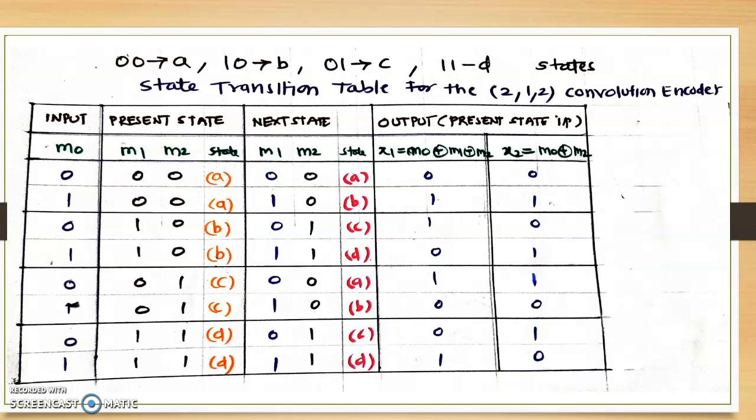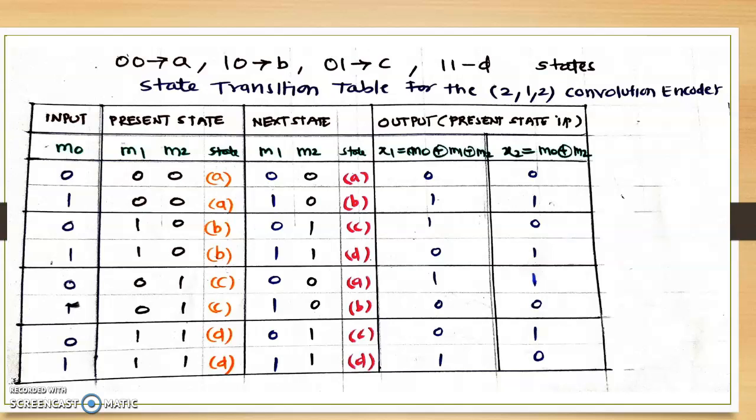Similarly, to calculate the output of this one, x1 is equal to M0 XOR M1 XOR M2. So for considering the output x1 x2, we will always consider the input and present states' values. So here x1 is XORing of 3 bits and all 3 bits are 0, so my x1 is 0.